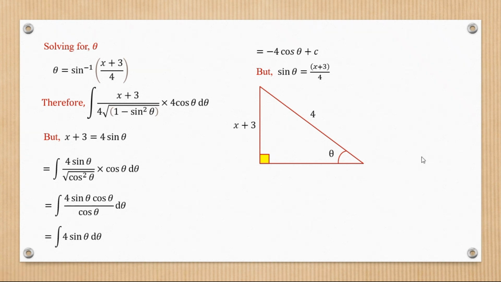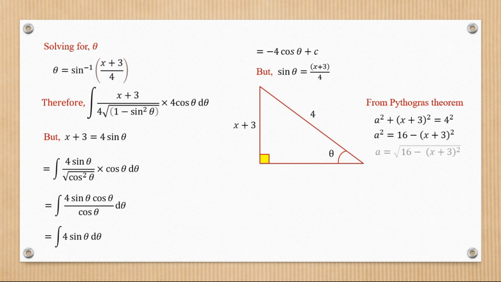From Pythagoras theorem, we can see that a squared plus (x plus 3) squared is equal to 4 squared. Then if we make a squared the subject, it shall be 16 minus (x plus 3) squared. And then we shall see that a shall be equal to the root of 16 minus (x plus 3) squared. So therefore that's what we have as the adjacent for this angle right here.